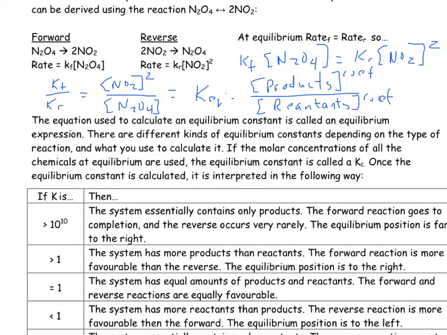That is the general way to set up an equilibrium expression. Now that you know this trick, you don't have to derive an equilibrium expression for every equilibrium you encounter.